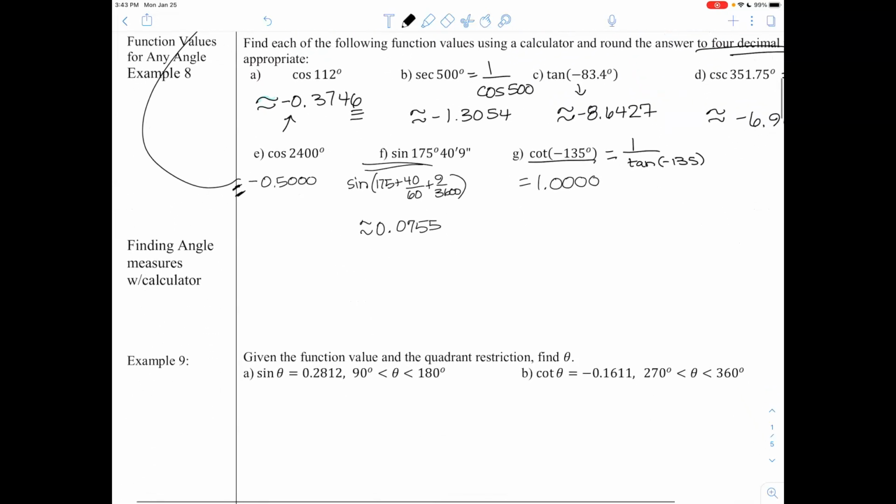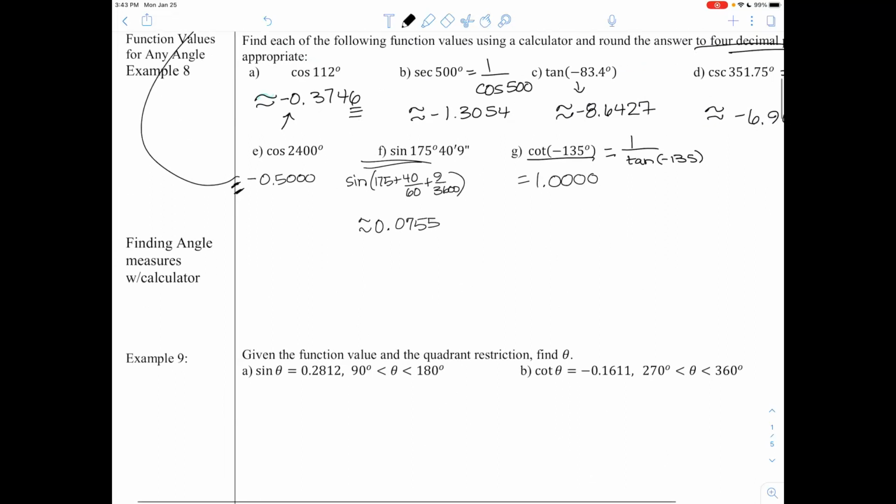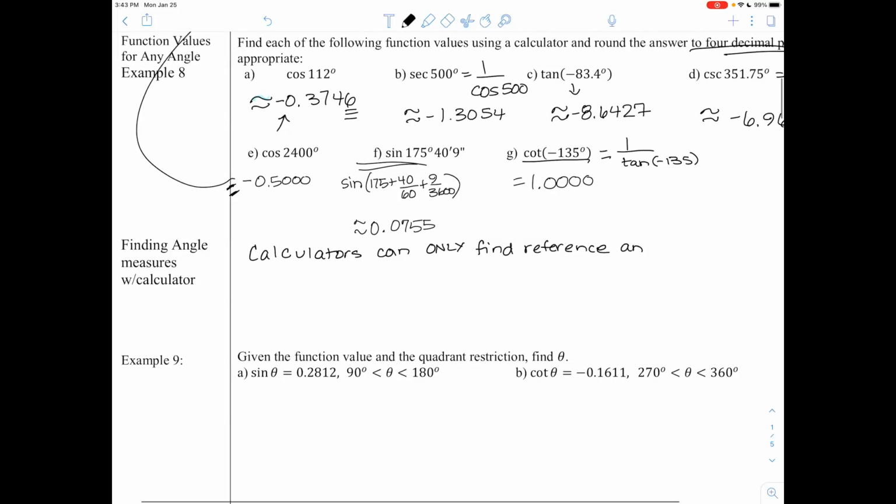All right, so here's the thing that gets really tricky and where the reference angles really come into play. Calculators can only find reference angles, except when we're looking for cosine.